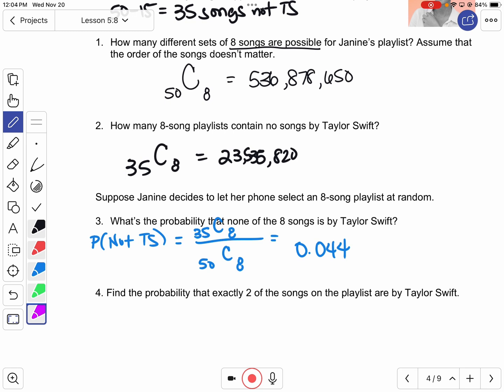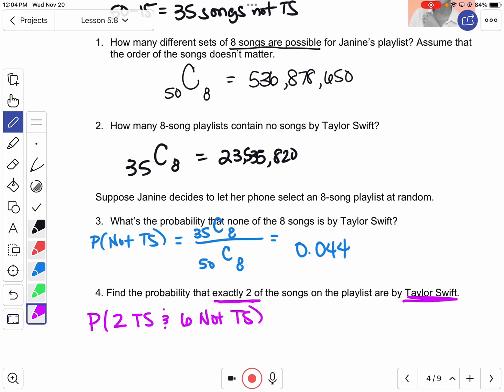Okay, now let's look at this one. This time it wants the probability that exactly 2 of the songs on the playlist are by Taylor. So we have to think about that. We want the probability that 2 are from Taylor, and if it's 8 songs, how many would not be Taylor? 6.